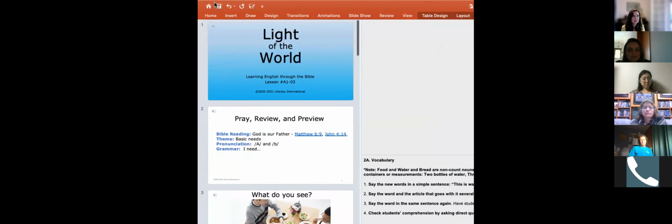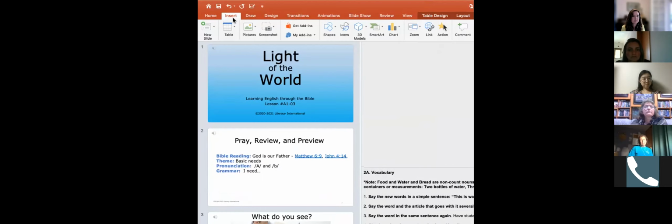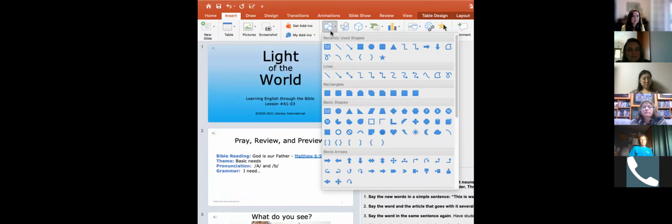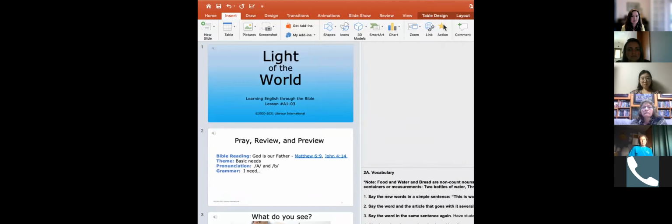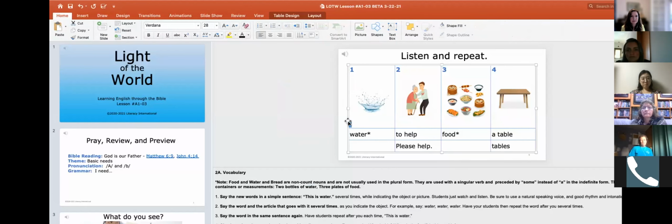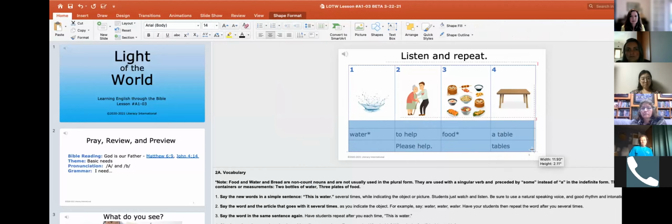I can go up to insert, shape, and then just pick a rectangle here. And then let me move this over so you can see my whole screen. Then I can take this rectangle and drag it over to hide the words.